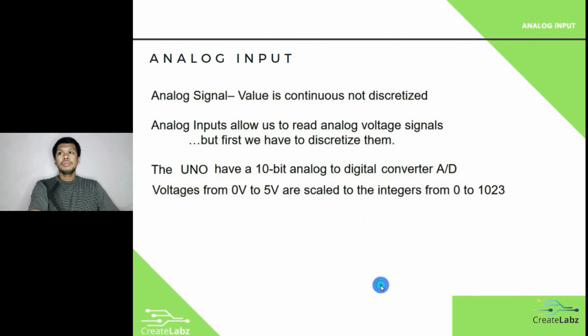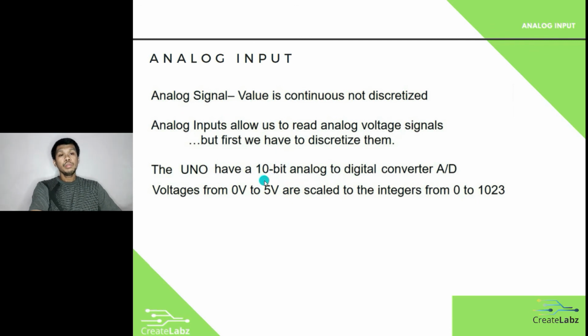Analog input. We have already discussed the difference between analog and digital signals. Analog inputs allow us to read analog voltage signals, but first we have to discretize them. Fortunately, Arduino has a built-in analog to digital converter which does the discretization or converting from analog to digital. The Uno has a 10-bit analog to digital converter.